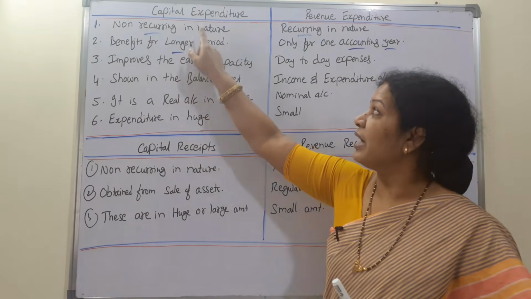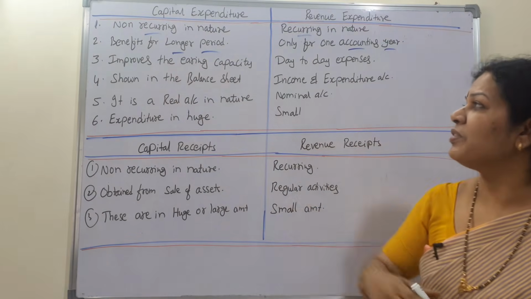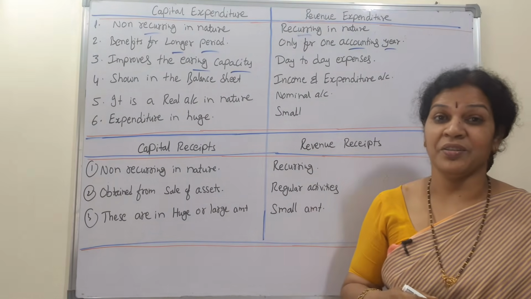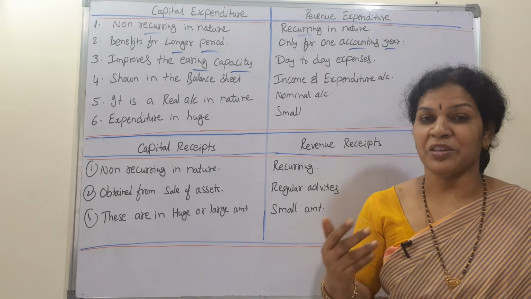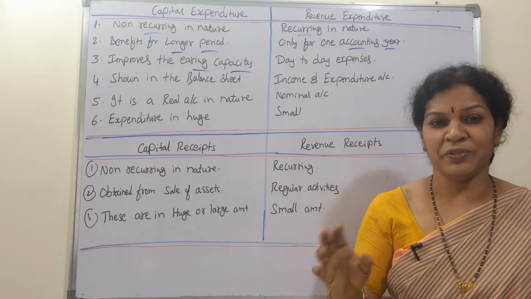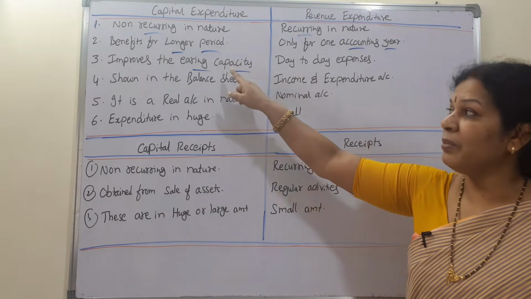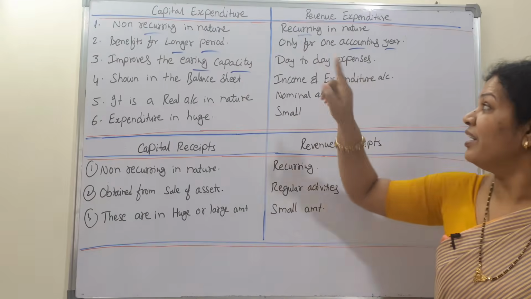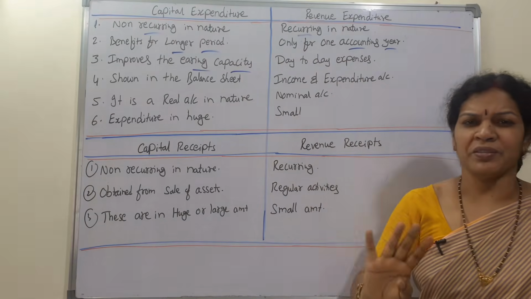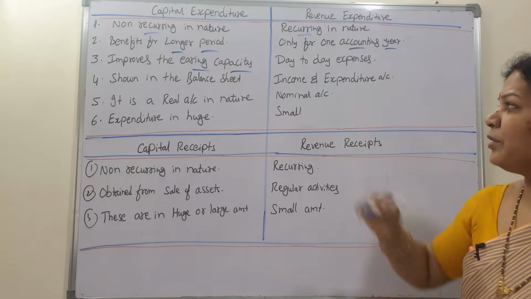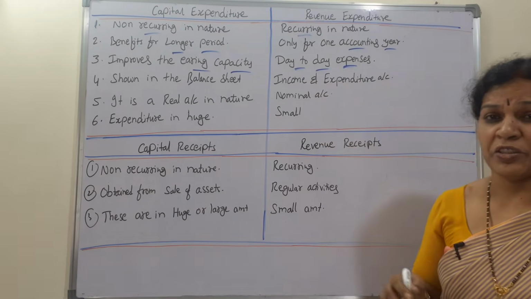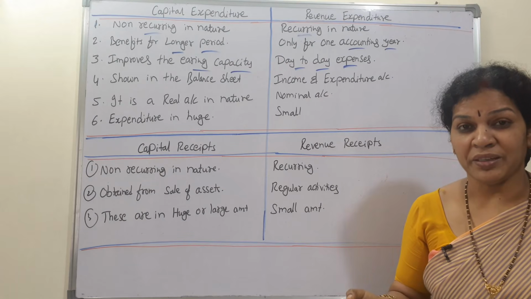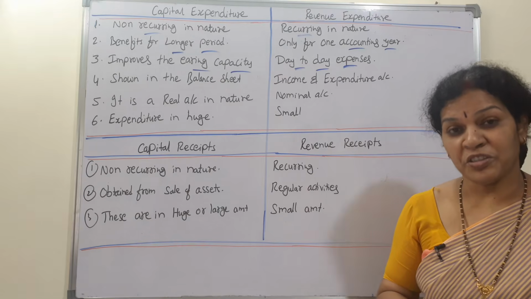And capital expenditure always improves the earning capacity. As I said, advertisement purpose, installation purpose, whatever you are spending, definitely that benefit will improve the earning capacity. And here it is only day-to-day expenses, no improvement, simple day-to-day expenses like salaries, rent, advertisement amount or transportation amount we are paying.